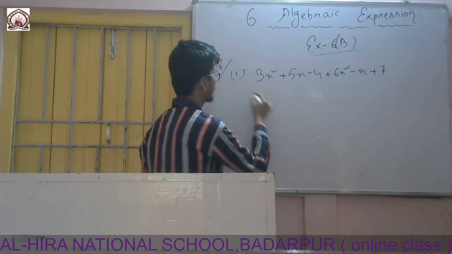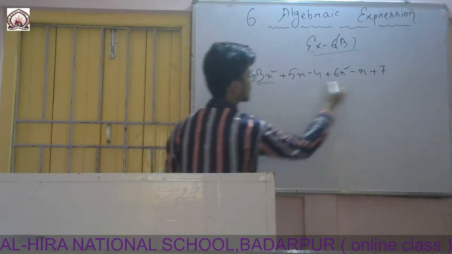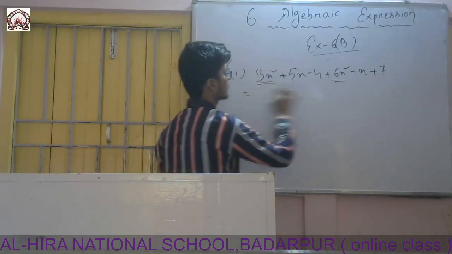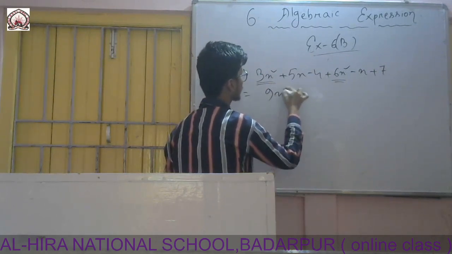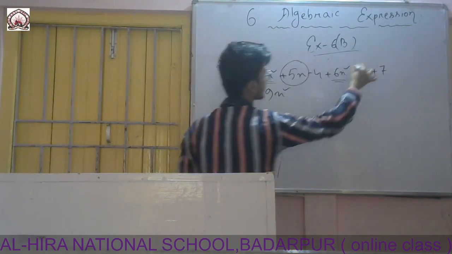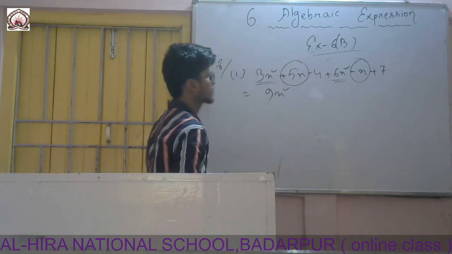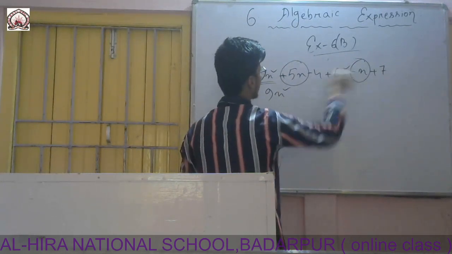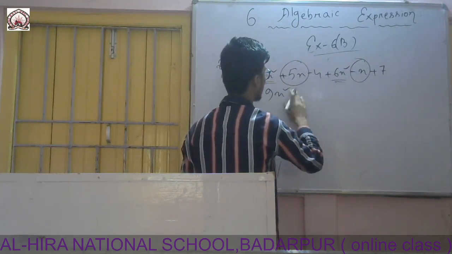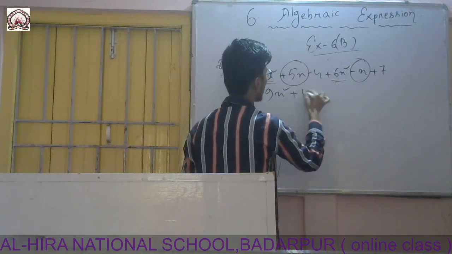If I solve this one, first of all, this one and this one are like terms. 3 plus 6 is 9x square. Then again, this one and this one are like terms. 5 minus 1 is 4, so it will be plus 4x.